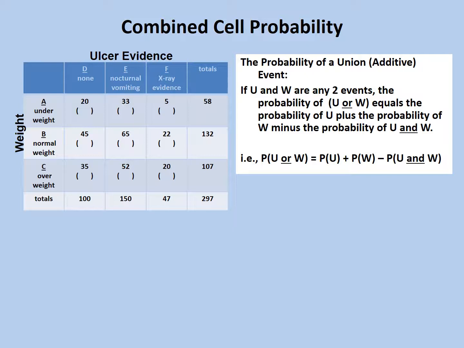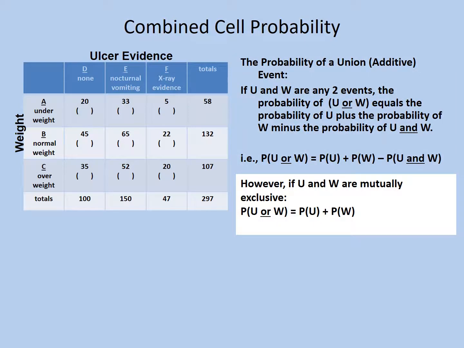If U and W are any two events, the probability of U or W equals the probability of U plus the probability of W minus the probability of U and W. Or in other words, P of U or W equals P of U plus P of W minus P of U and W. However, if U and W are mutually exclusive, then the probability of U or W equals P of U plus P of W.